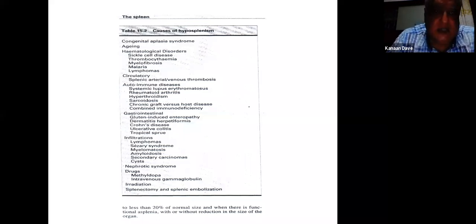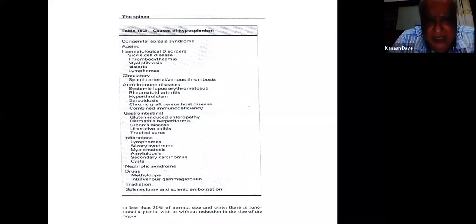These are also associated with hyposplenism by some unknown mechanisms. And again, when the marrow is infiltrated by lymphomas and other infiltrative disorders, the splenic functions will reduce and present as hyposplenism. And again, certain drugs may also cause that.